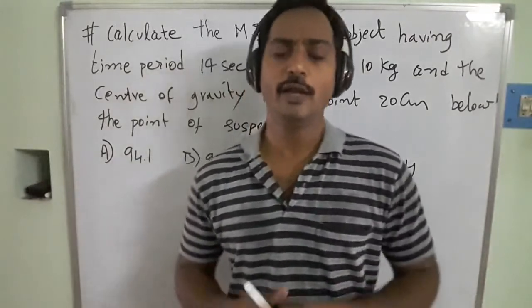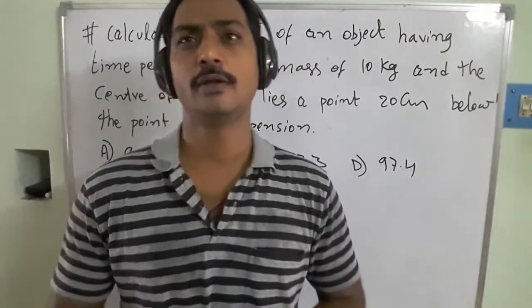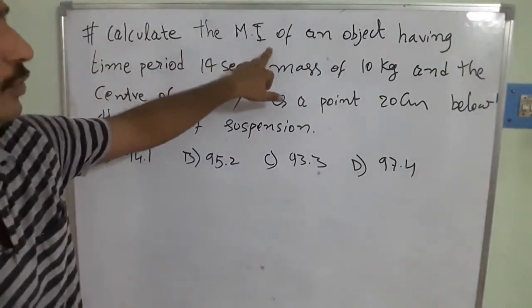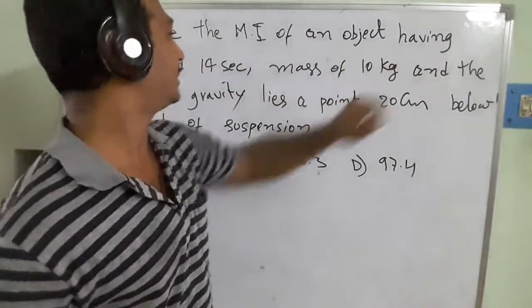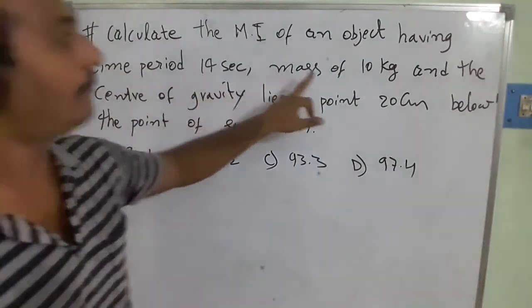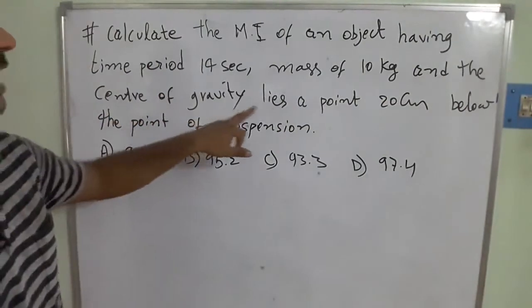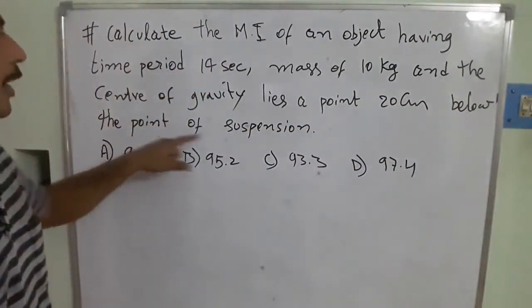In continuation of the compound pendulum, we are going to solve one more problem on that. So here is the problem: calculate the moment of inertia I of an object having a time period equal to 14 seconds, mass 10 kg, and the center of gravity lies 20 centimeters below the point of suspension.